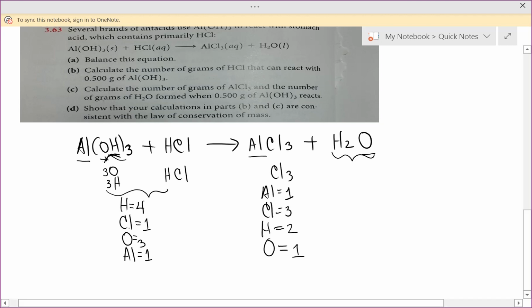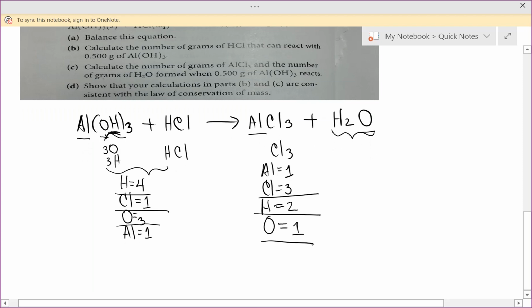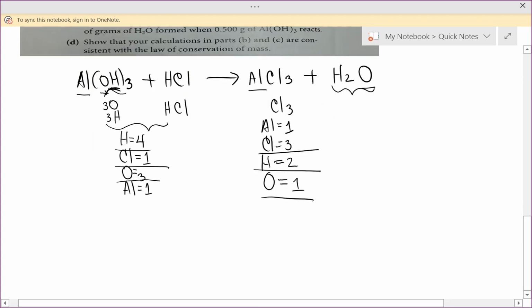We have different amounts of oxygen in the reactants and the products, different amounts of hydrogens and different amounts of chlorines. So what about if we balance this equation? Let's see if this works.